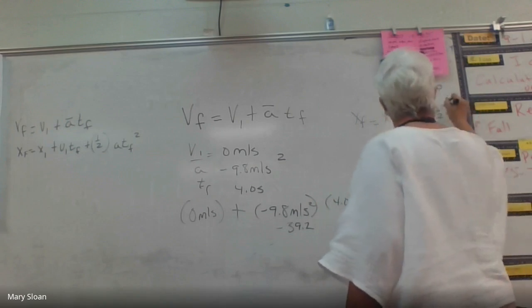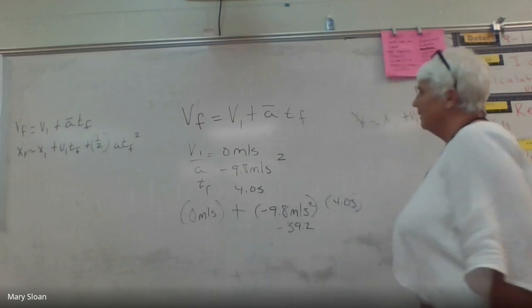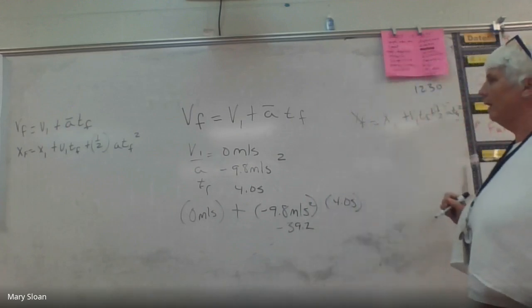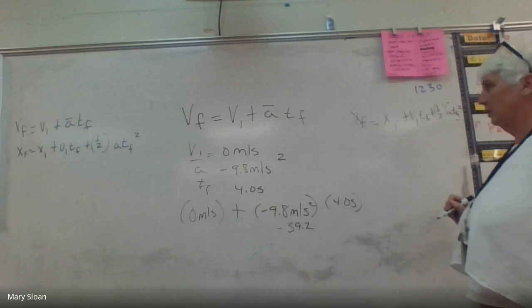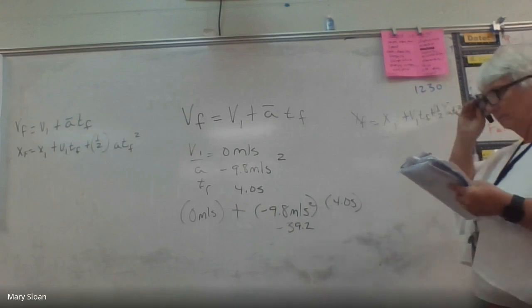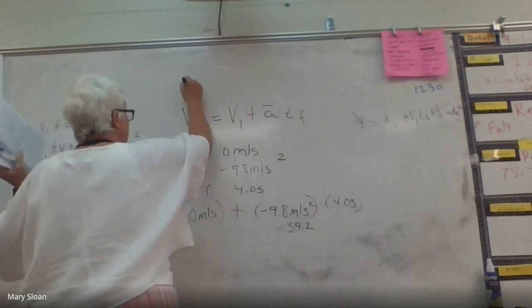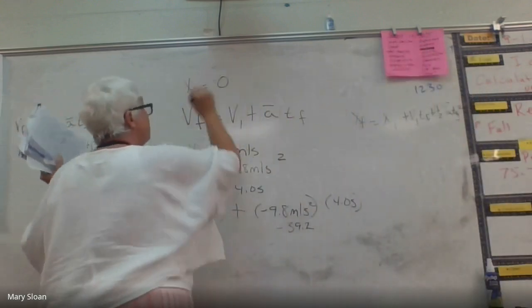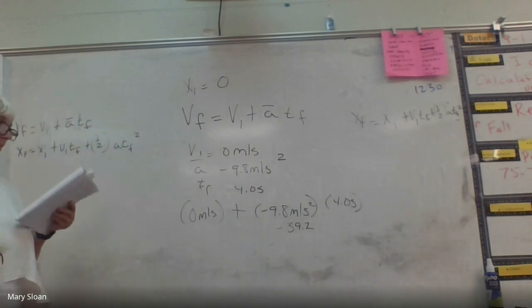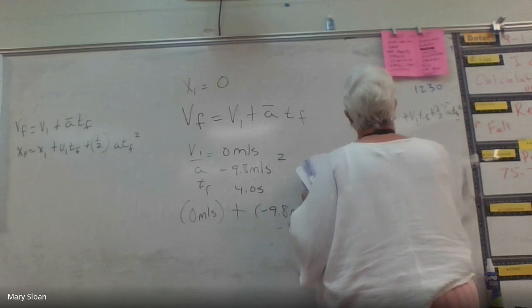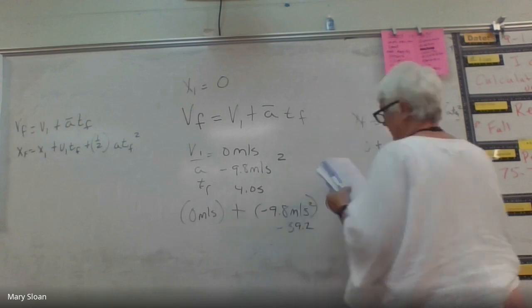That's what it says there. Okay, so let's see what we've got. Do we have initial position? If it doesn't say, what does that mean? It's 0, right? So we have our initial position, which is 0, plus.